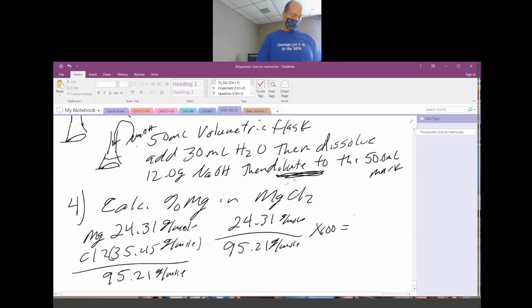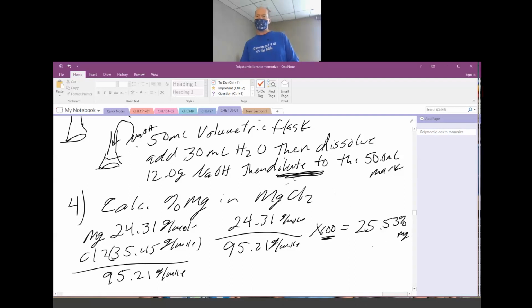When you take 24.31 and divide by 95.21 times 100, you get 25.53. Note that you have 4 sig figs divided by 4 sig figs, and multiplying by 100 to get percent is a perfect 100, so infinite sig figs. That gives 4 sig figs in your answer.